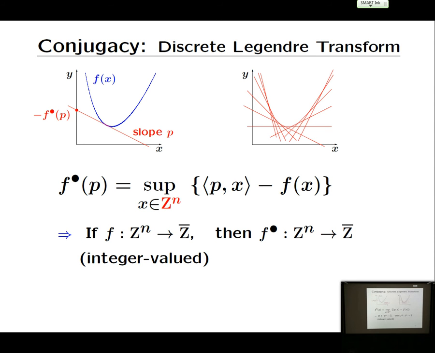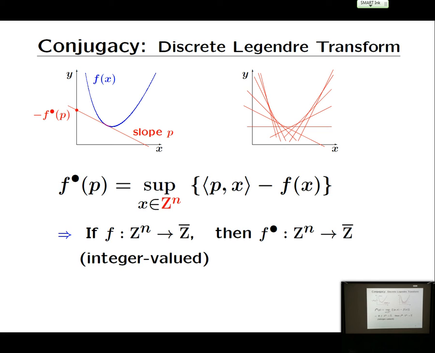Now, to formulate the conjugacy, there is a standard construction using the Legendre transform in convex analysis. Given the function f here, you consider tangent lines, and if you draw many tangent lines and erase the original function, you can still see the original function. That means the tangent lines have enough information to recover it. If the given function is not convex, then this is just a disaster.